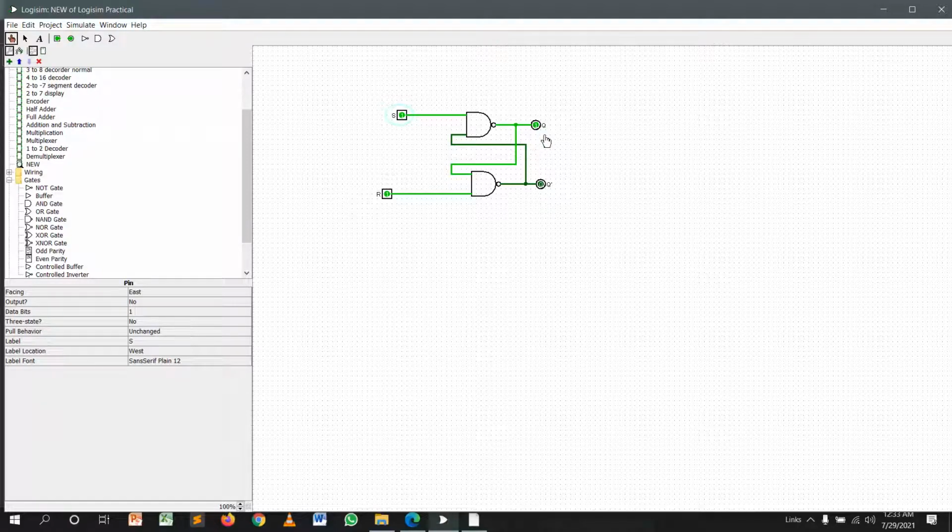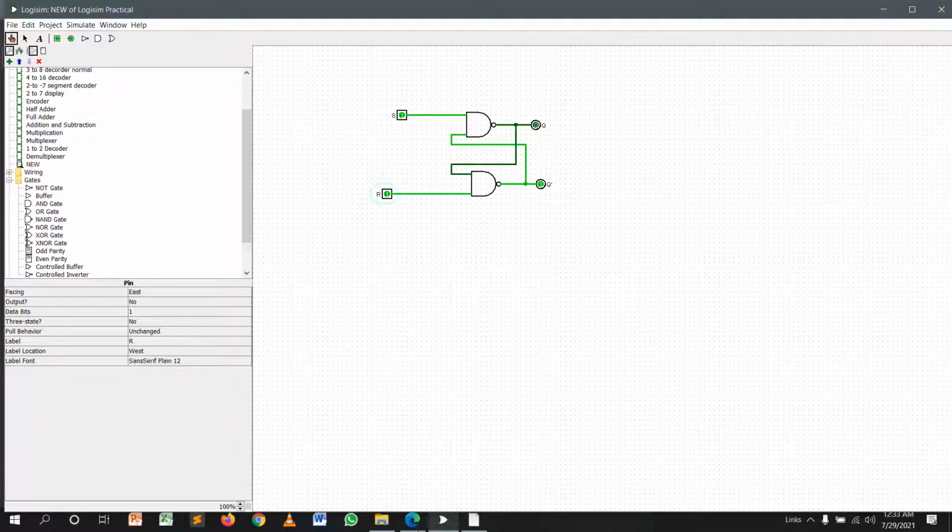You should not see a change in the value. When I change again, reset is 0 and set is 1, Q bar is 1, and then setting both set and reset inputs to 1 gives no change in output.